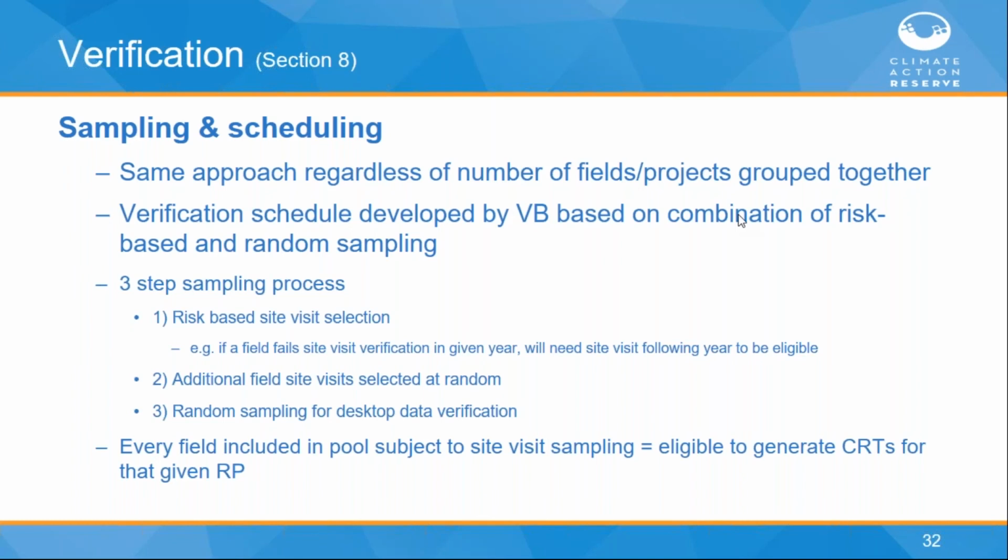In the interest of time, I'm going to move ahead because I want to show the Excel tools to everybody. But I encourage everyone to look at the MRV procedures added in the protocol.